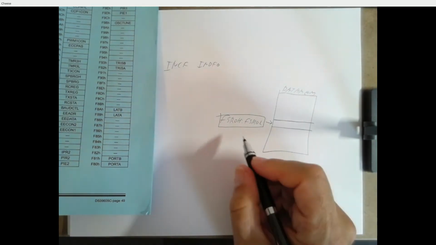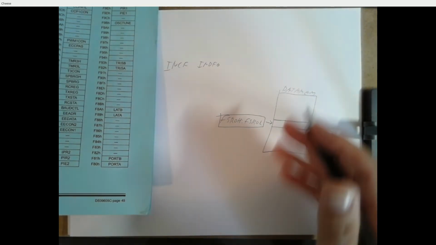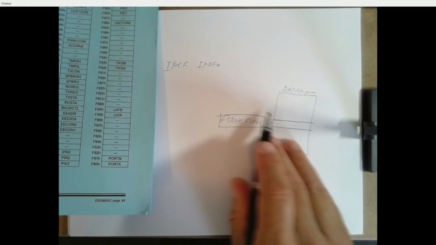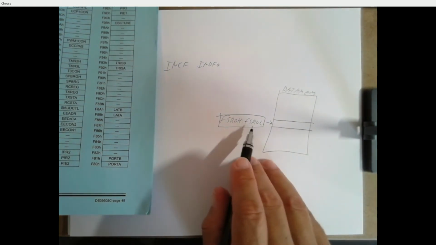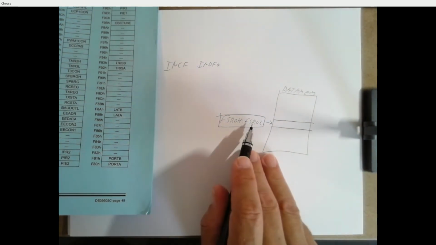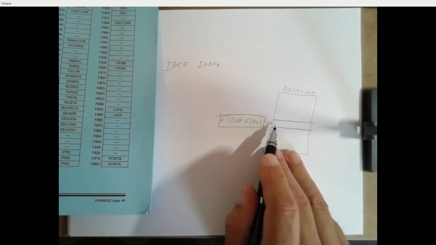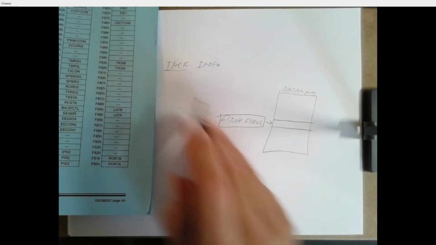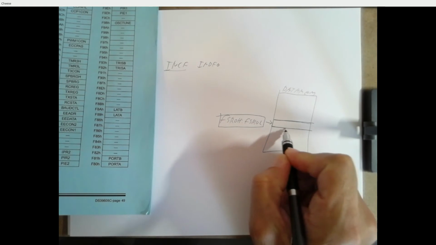Think of this as a 12-bit number, and our data memory has addresses that are 12 bits. This 12-bit number is the address of some file register. This instruction will increment that file register.